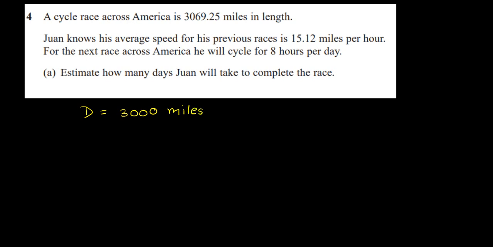Now, if I was to look at his speed, 15.12, if I estimated it to be 15 miles per hour, it would help me with the calculation. So the amount of time it would take him would be distance divided by speed, and you can remember that from the distance, speed, time triangle.